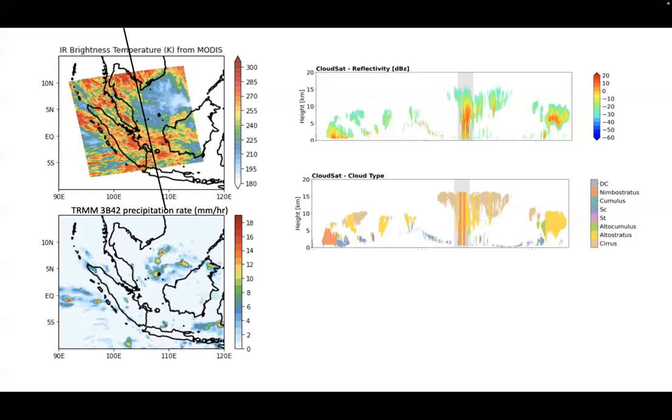Because the data sets I introduced to you so far are monthly averages, you cannot see these individual storms. They are all thrown into the monthly mean. So if you want to study specific cases, these data sets will be more helpful.